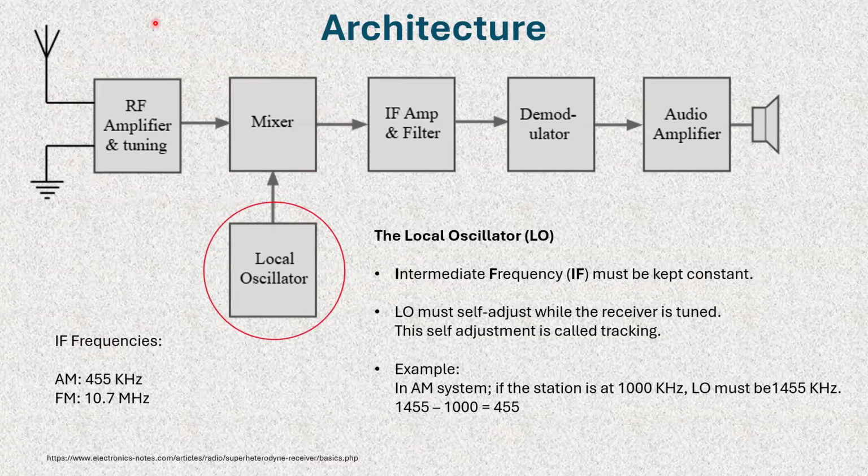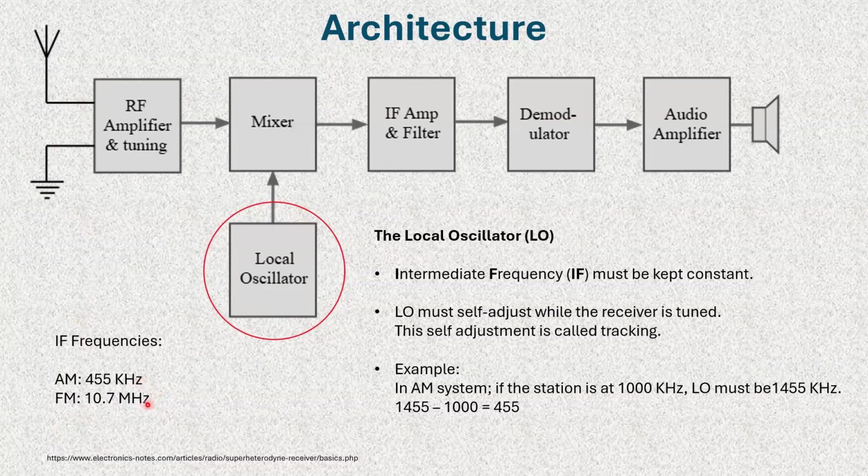Whatever the frequencies are coming in here from the outside, we want to convert them all into 455 kilohertz for the AM system, the amplitude modulation receiver. And we want to convert everything that comes in there to 10.7 megahertz if we're talking about the frequency modulation FM radio.